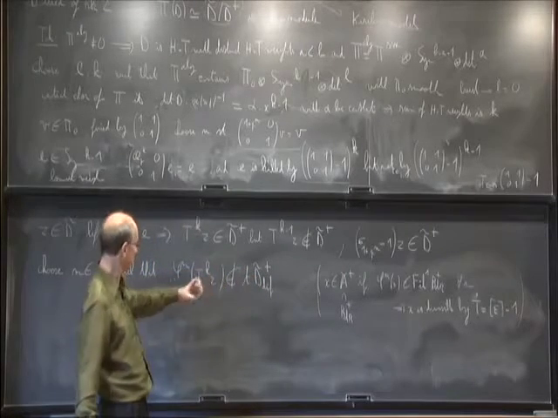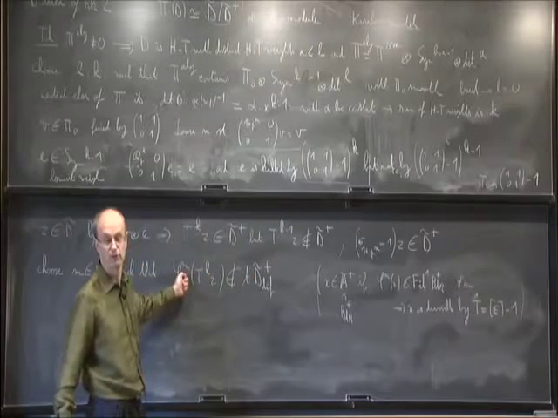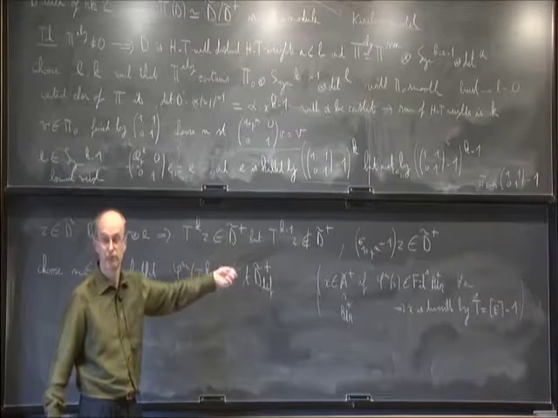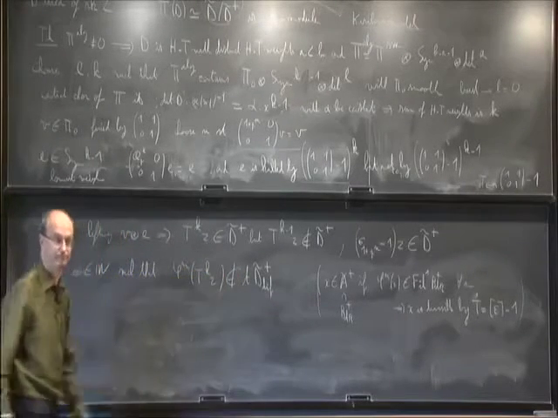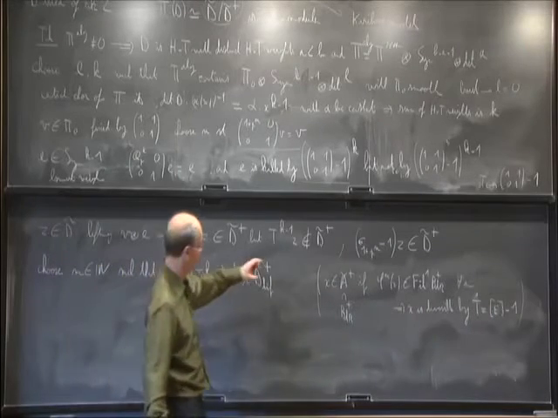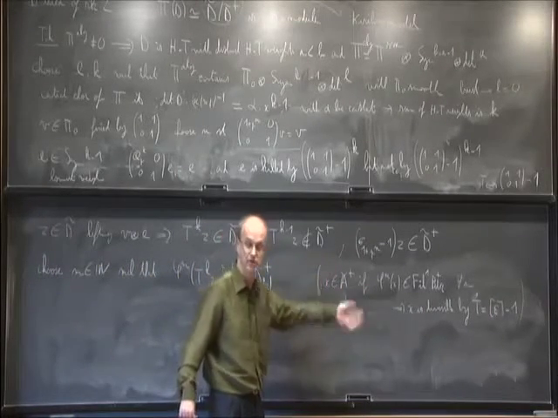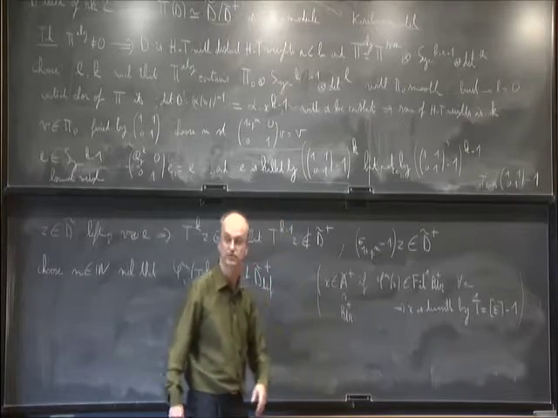But nothing prevents you from applying a power of Frobenius before, and that's what you do all the time, in fact. So you have many possible embeddings of A tilde plus into B dR plus by just composing with powers of Frobenius.